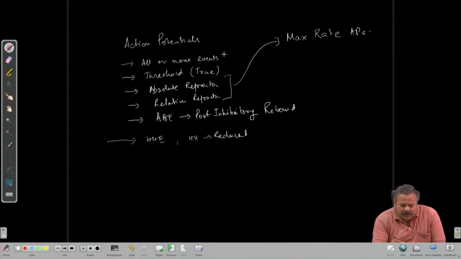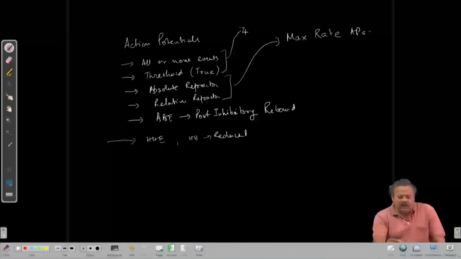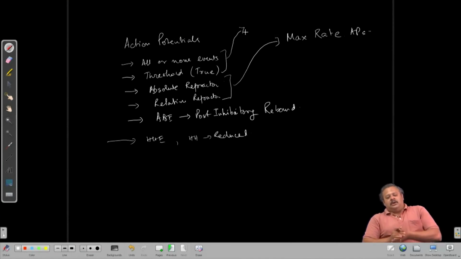So, the other two, that is all or none events and true threshold behavior, will essentially allow us to model the spikes, as in the spike trains, as a sum of events, or allow it to be modeled as a point process. So we will be discussing these points later on.